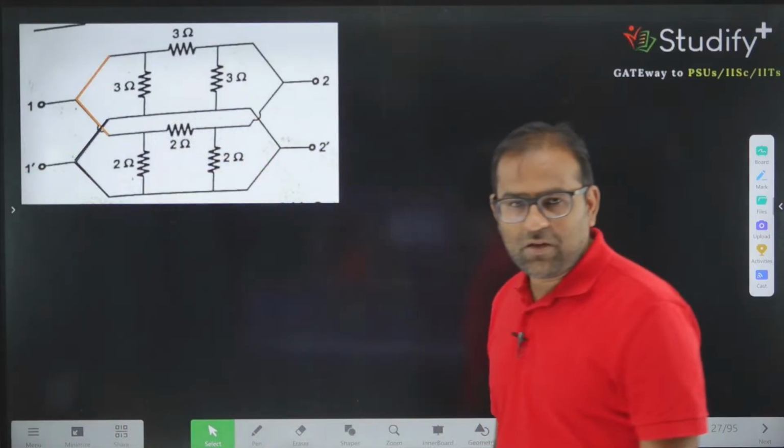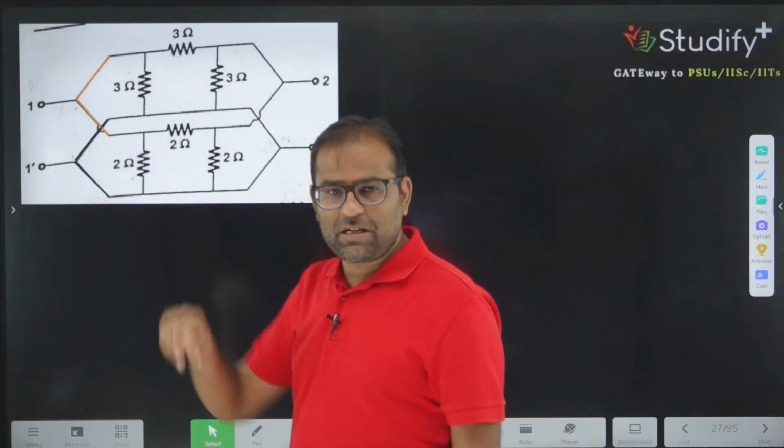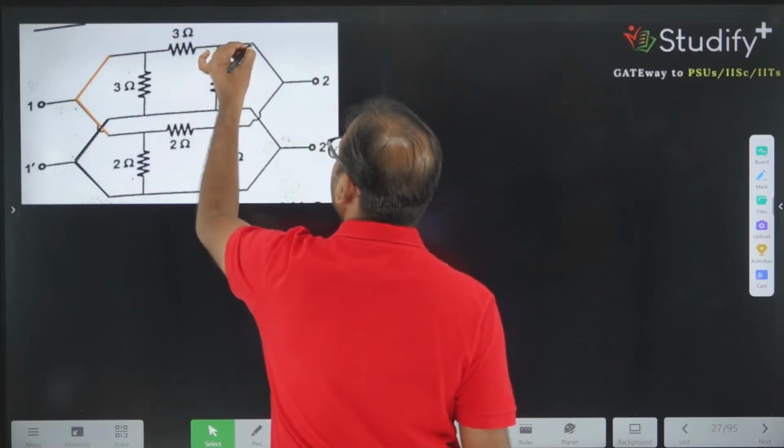So if top node is connected to the same point, bottom node is connected to the same point, you can say in output we are also getting the same thing.